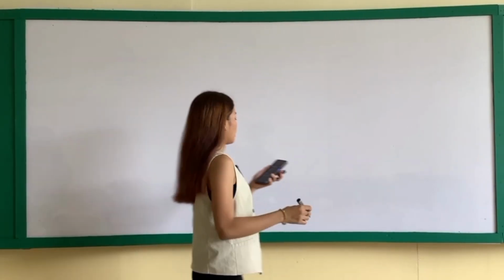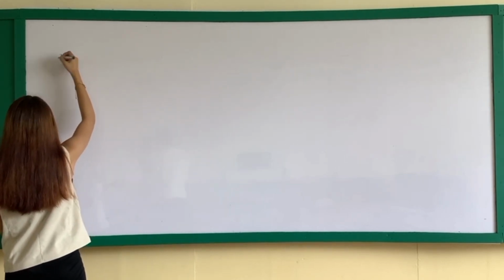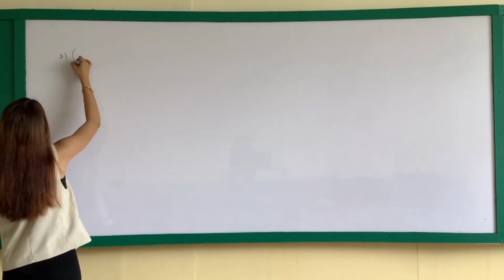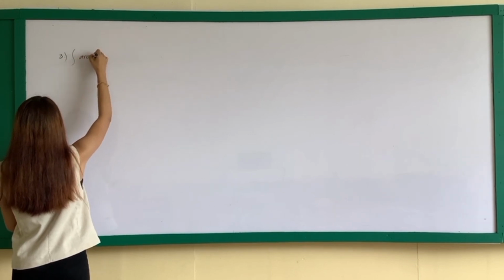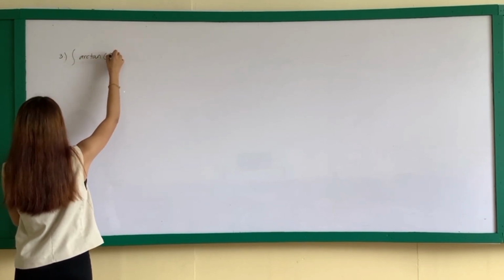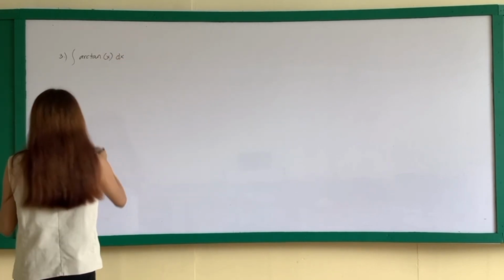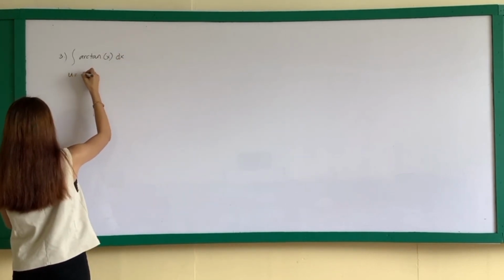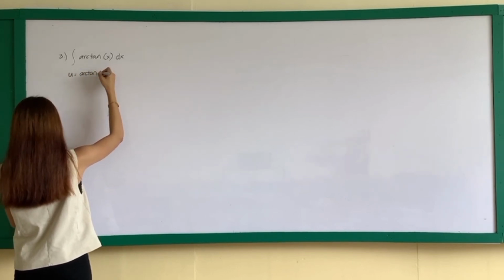Now let's proceed to our problem number 3. Integral of arctan x dx. And so our u is arctan x.